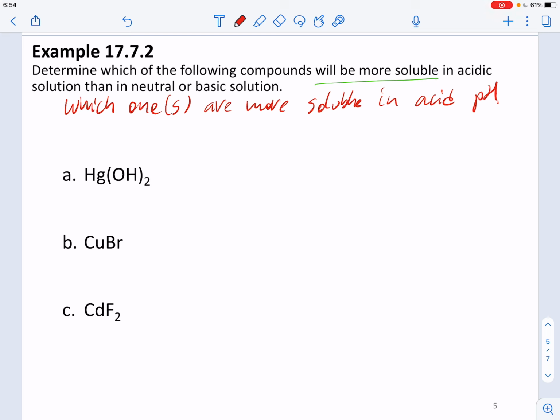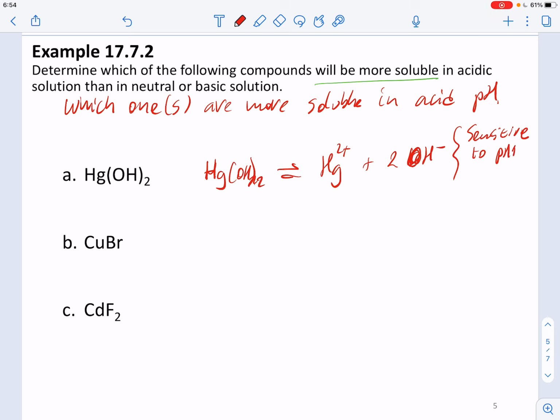So we have a mercury hydroxide. It's a hydroxide, right? So we have mercury, and the equilibrium here would be mercury 2 plus and 2 hydroxides. Now, because you have the hydroxide, this is going to be sensitive to high pH and low pH. And what is the impact?